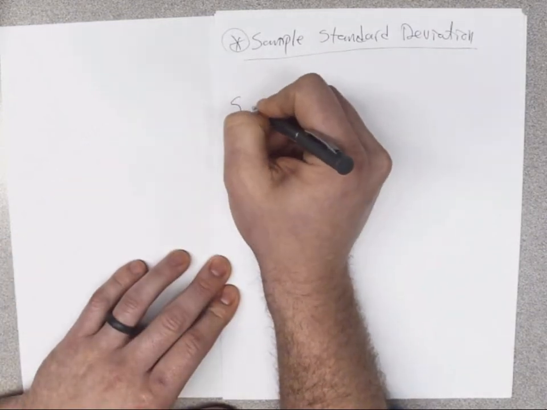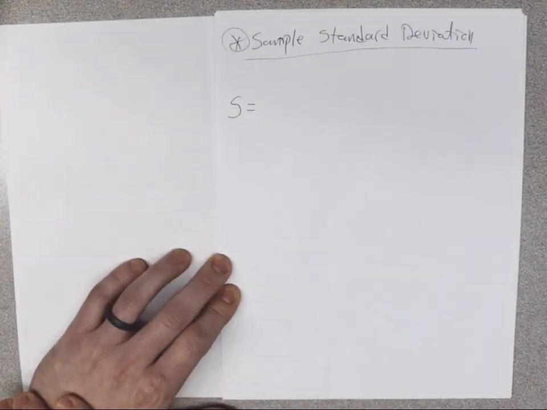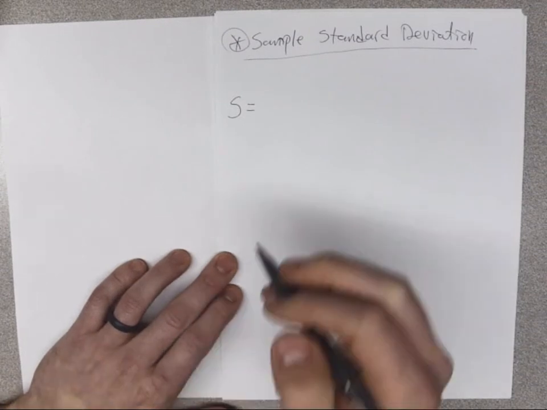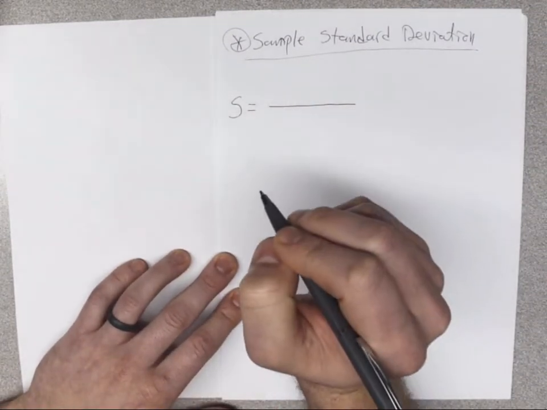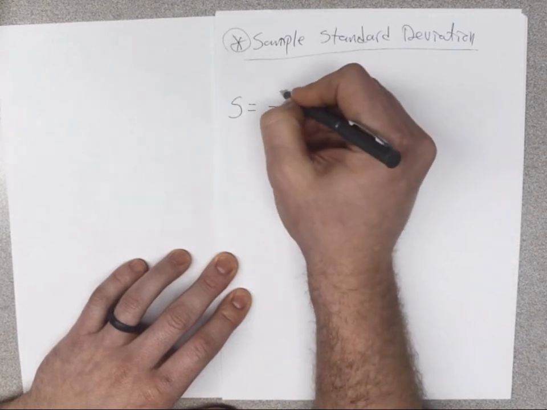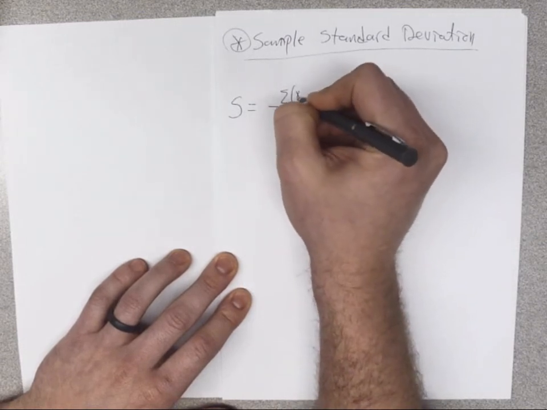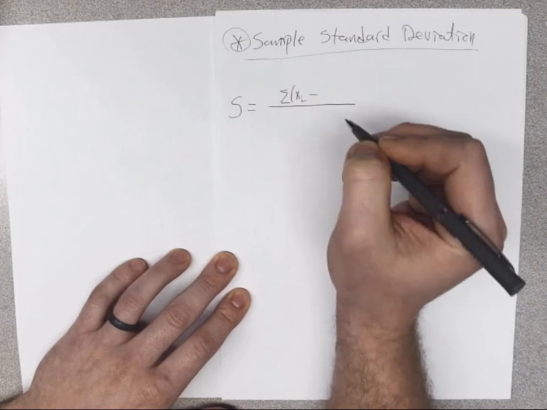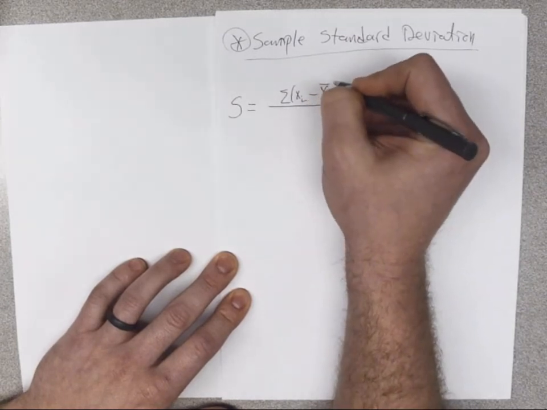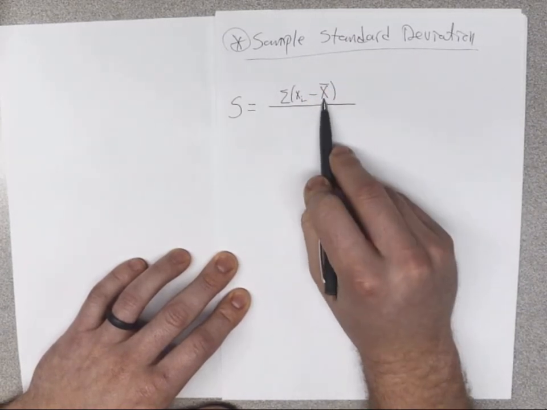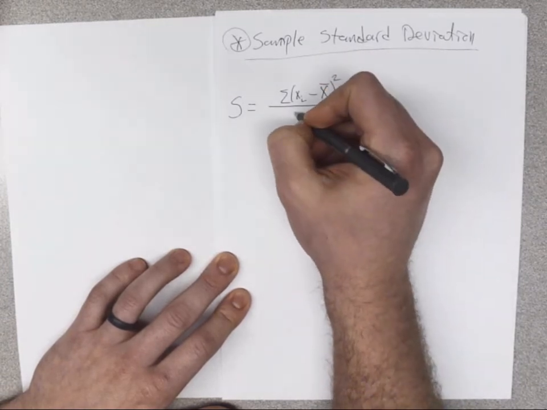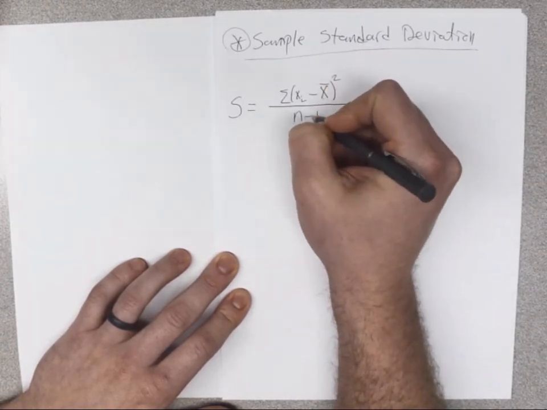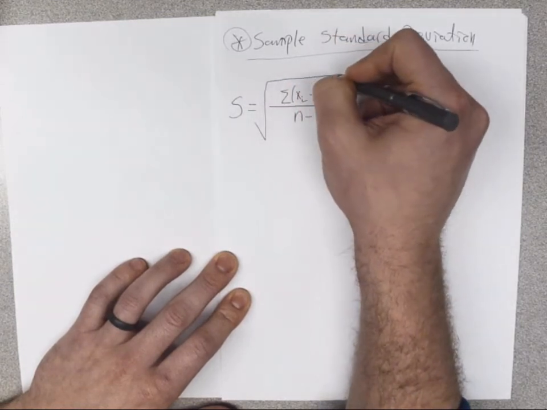Sample standard deviation, we said, was equal to S. And so just watch me for a minute. You're going to have this divide line, and now you're going to sum all the observations minus the sample mean, which is x bar in this case, and all of that's squared. And then divide by, and here's the difference, n minus 1, and then square root of all that.